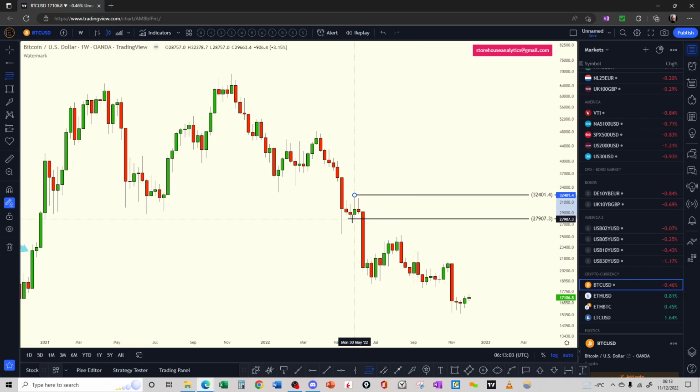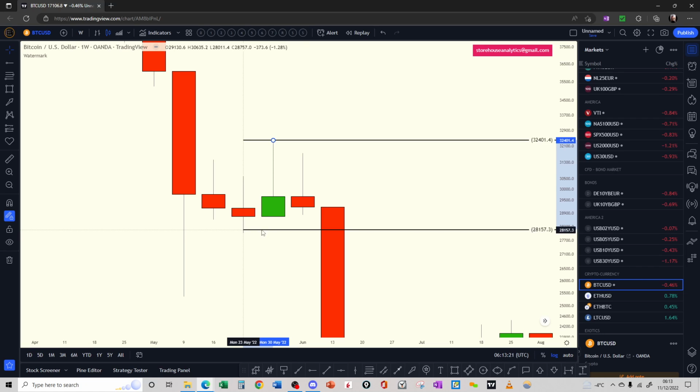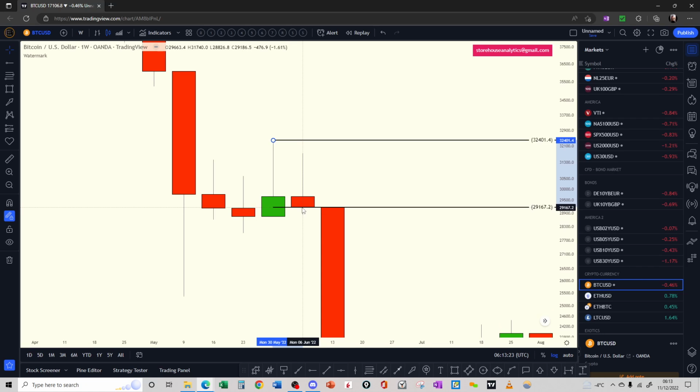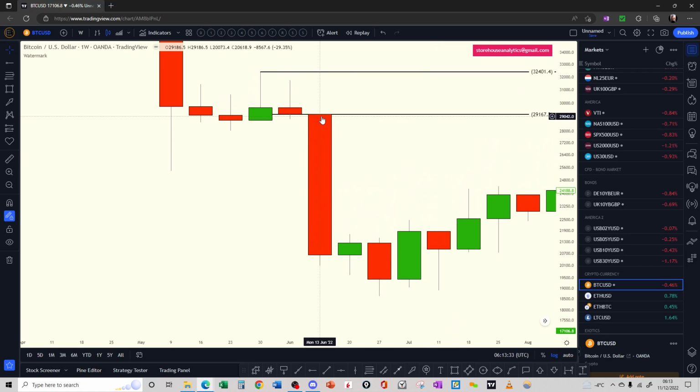Where you put your proximal line is where the discretion is. Again, you can put it at the lowest price in the base, which would be this candle here. Let me zoom in on that one again so everyone's clear. So that's the lowest price in the base. You could put it there. You can put it to the body of the candle preceding the large move out.